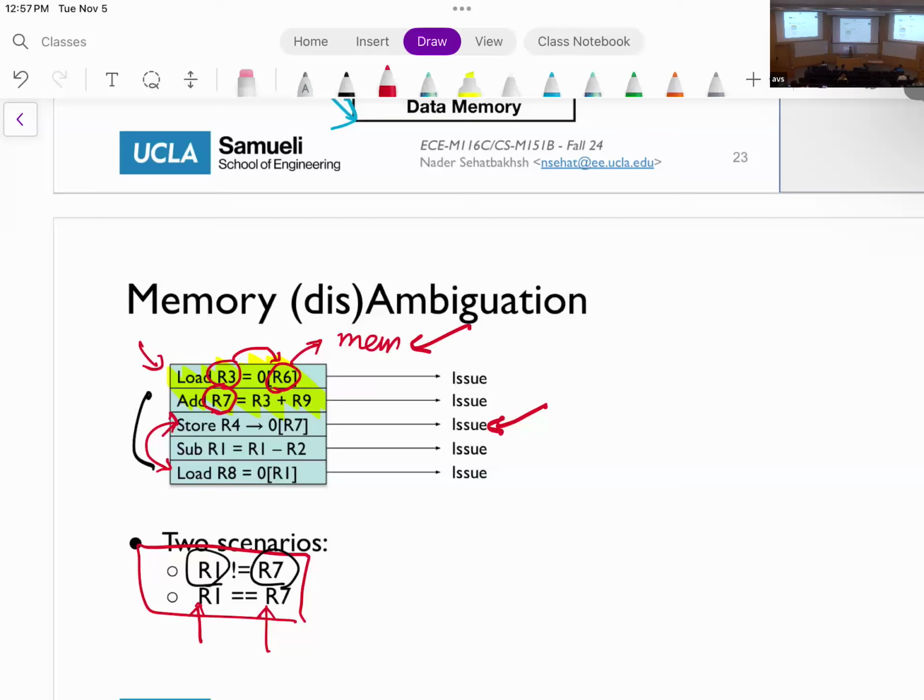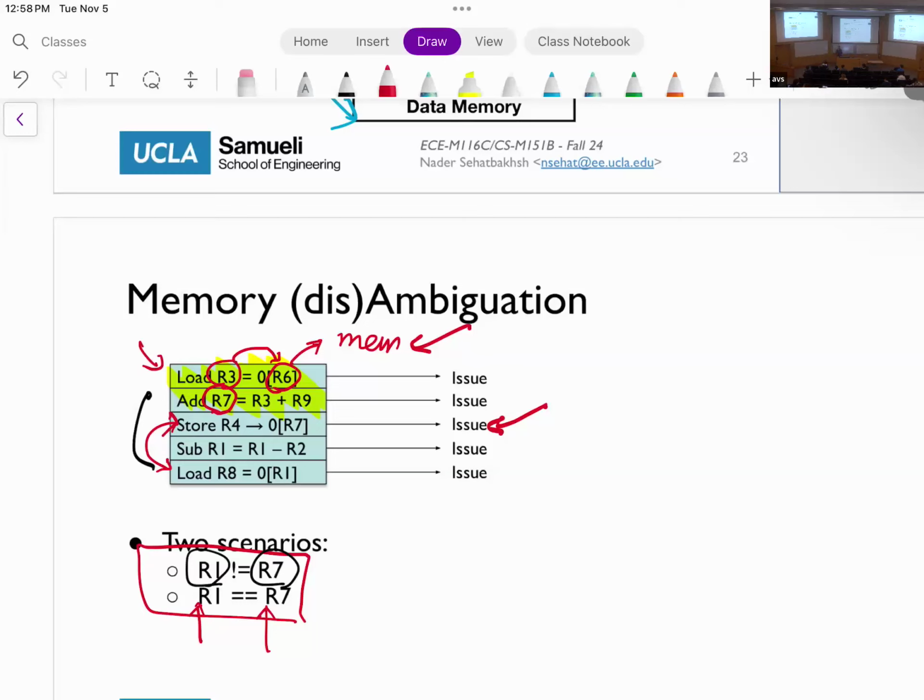Another option that many processors use is what they call memory disambiguation, which means that I'm going to speculatively predict whether or not these values are going to be the same, okay? So I'm going to kind of blindly speculate that. I'm going to say, okay, I have a feeling that R7 and R1 are not the same. Then I'm going to just continue normally. So I'm going to assume that these two are not dependent on each other, and I'm going to execute things.